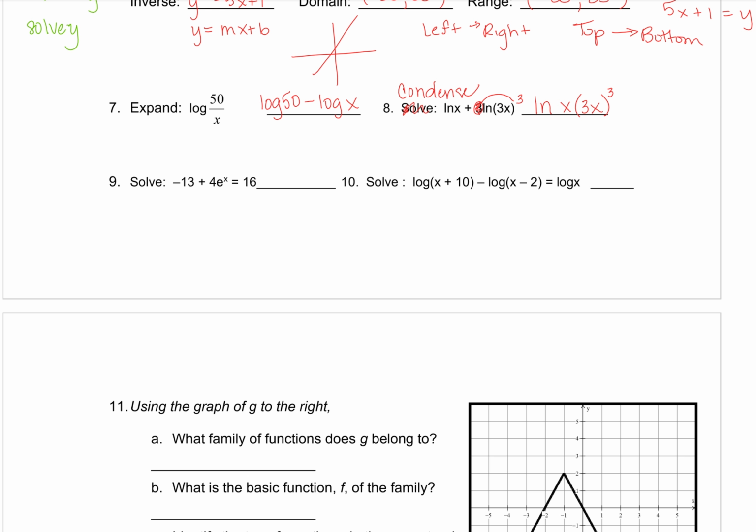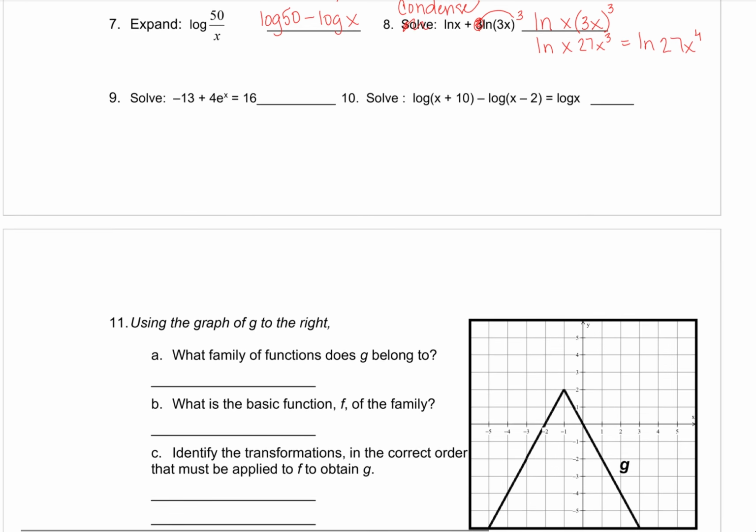Well, I can actually reduce this a little bit further. That 3 cubed becomes a 27, x becomes x cubed. And of course, I can condense it a little bit further, so I get ln of 27x to the power of 4.